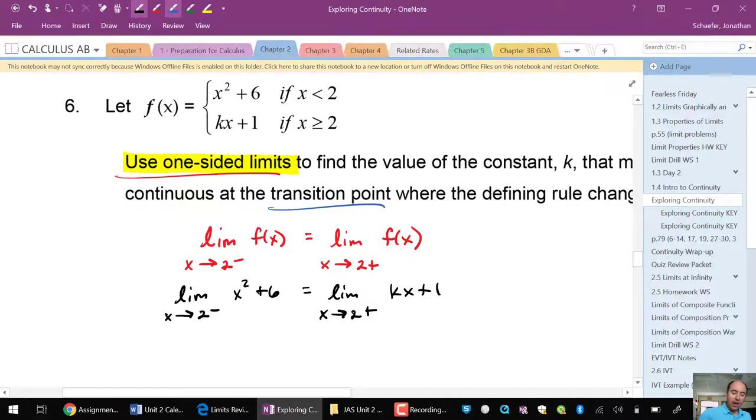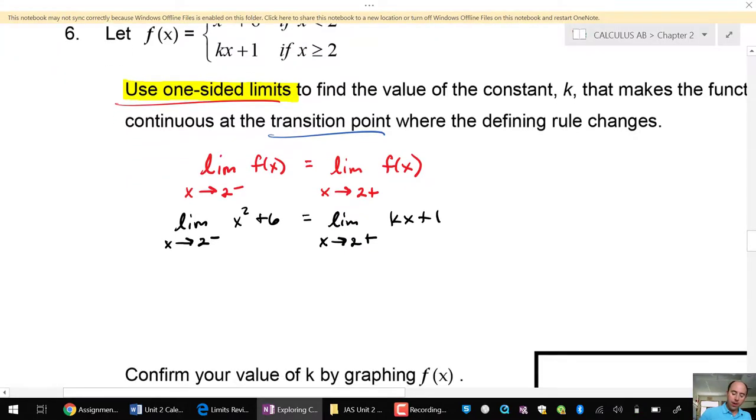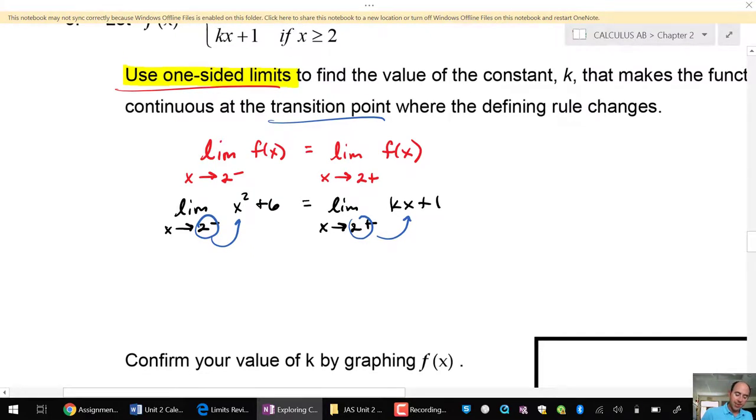Now that I'm ready to evaluate each one of these limits, I'm going to use direct substitution on either side, plugging in the number 2 for x. So let's see what we get here. 2 squared plus 6 must be equal to k times 2 plus 1. I evaluated the limit.